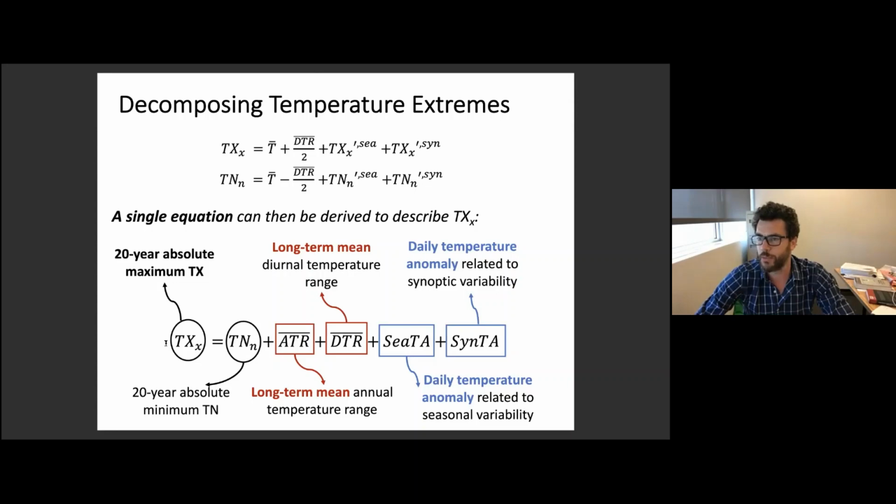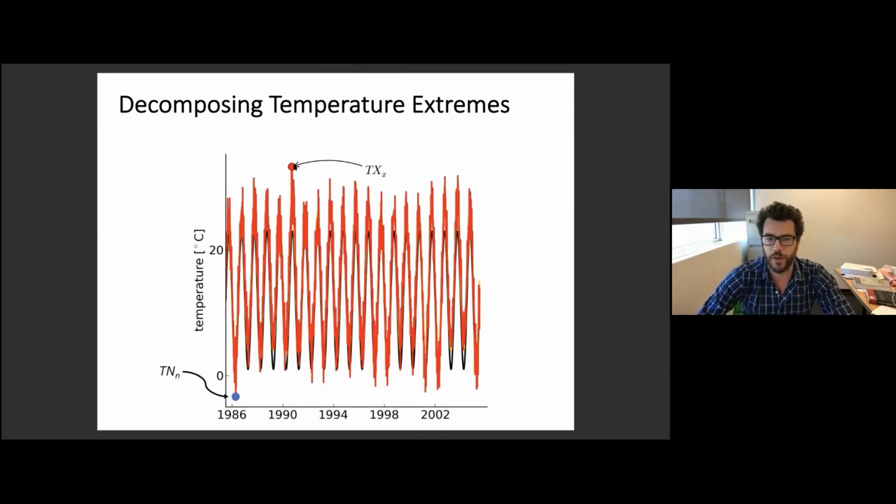In some way, if I now show the same plot as before, but with the minimum temperature here, what this equation tells us is how we can break the whole variability between the full amplitude of the model into different terms that have some physical meaning.